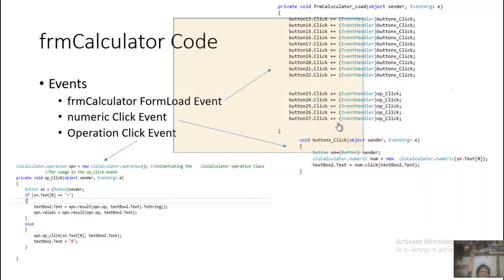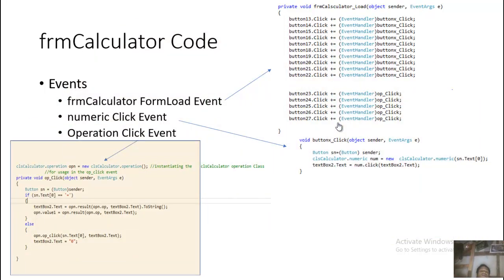And then for our operation click, the first line is the typecasting of the sender object, and then naming it SN. Now on the second line, it checks whether it is an equality sign.